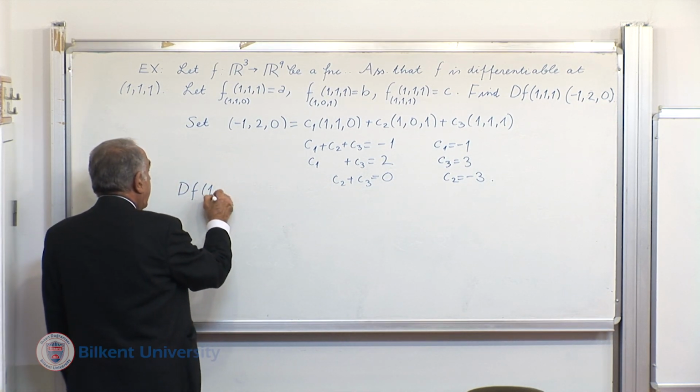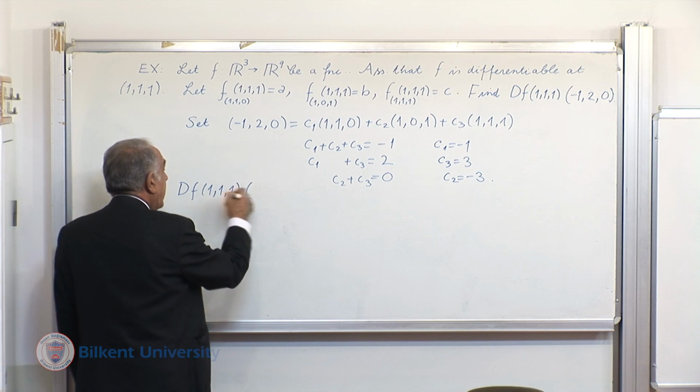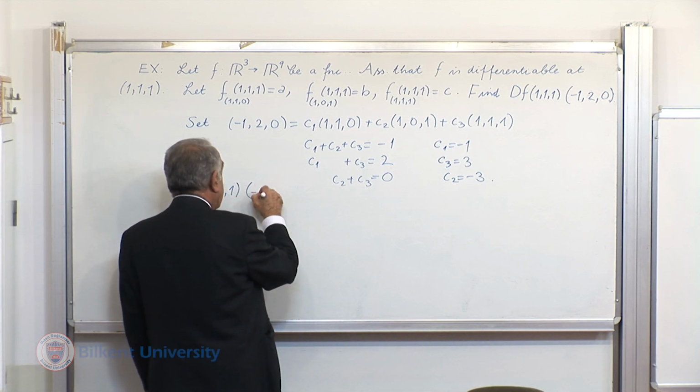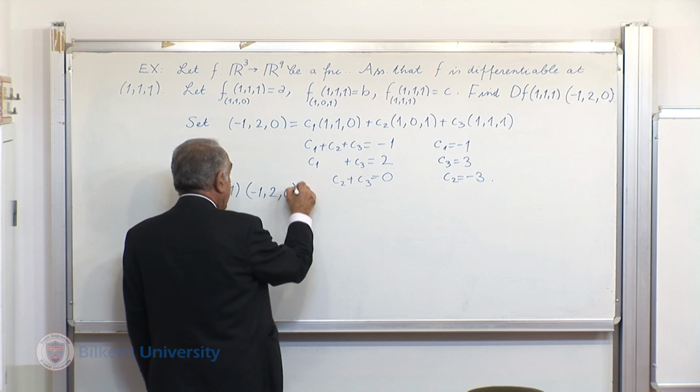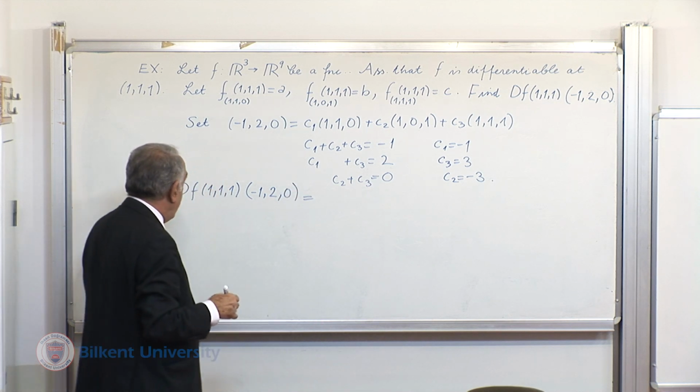So df at 1, 1, 1, evaluated at -1, 0, 2, this is what we're supposed to find.